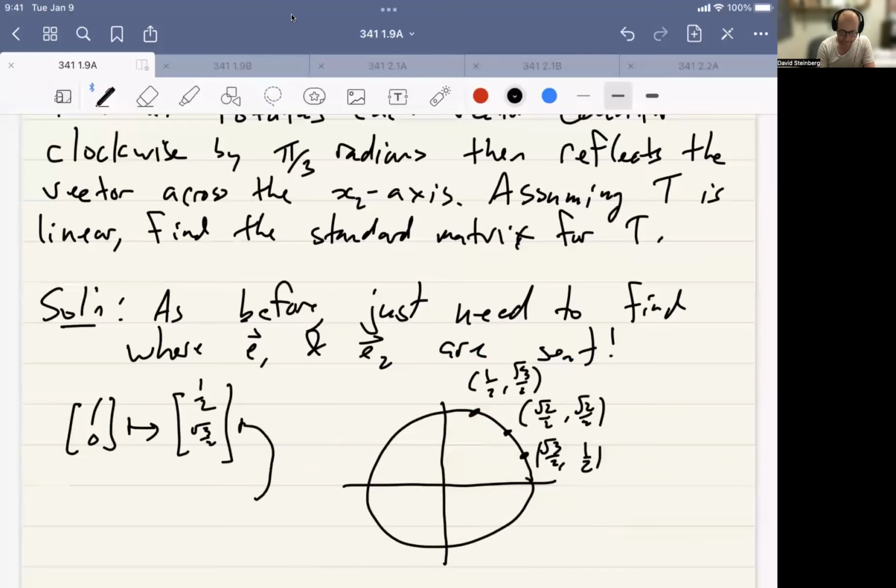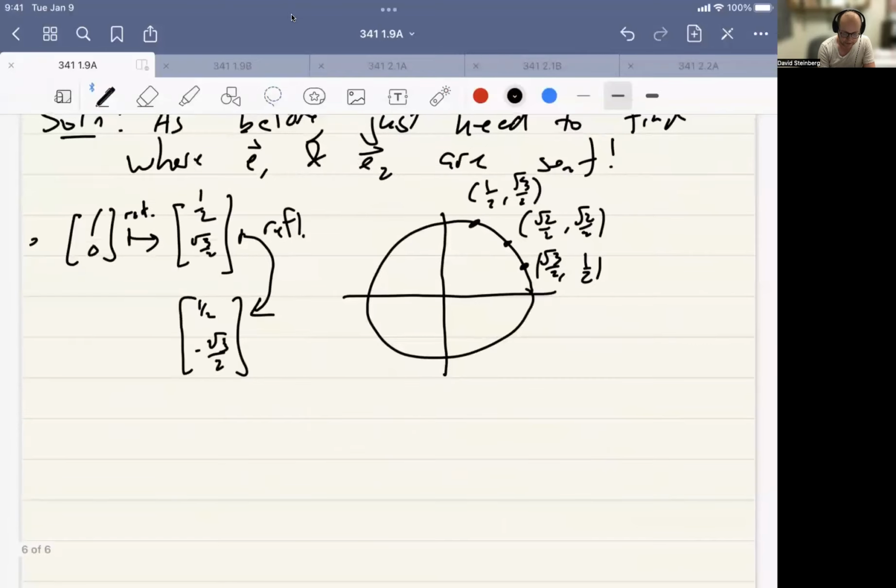So this is the rotation and this is the reflection. If we reflect it down, well, it gets taken to what? The x value stays the same and the y value picks up a negative sign. So this is where E1 gets mapped to.